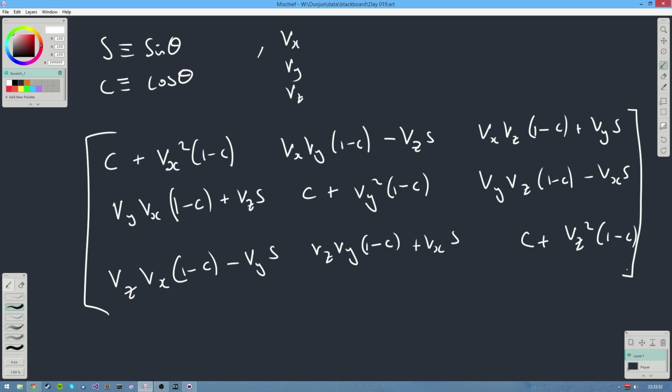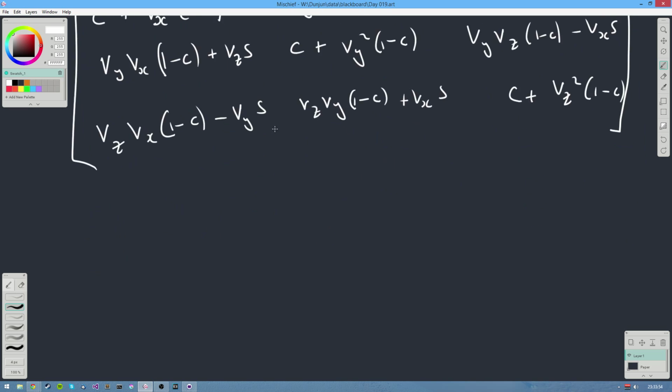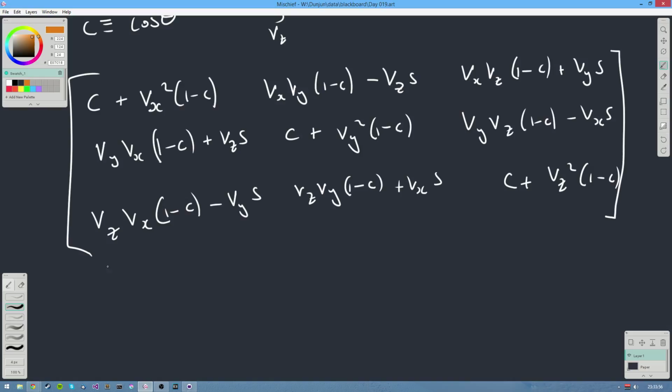Now you may be thinking, what? Well, as we did before, to rotate a point P we had to do this. This is how we had to rotate our point.